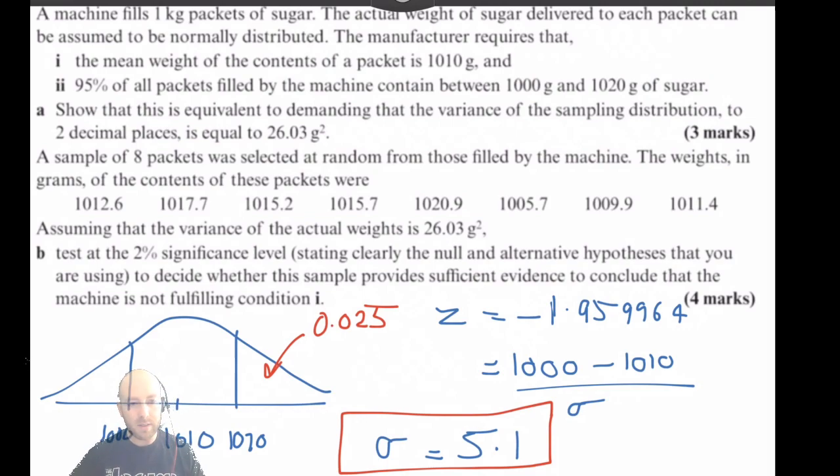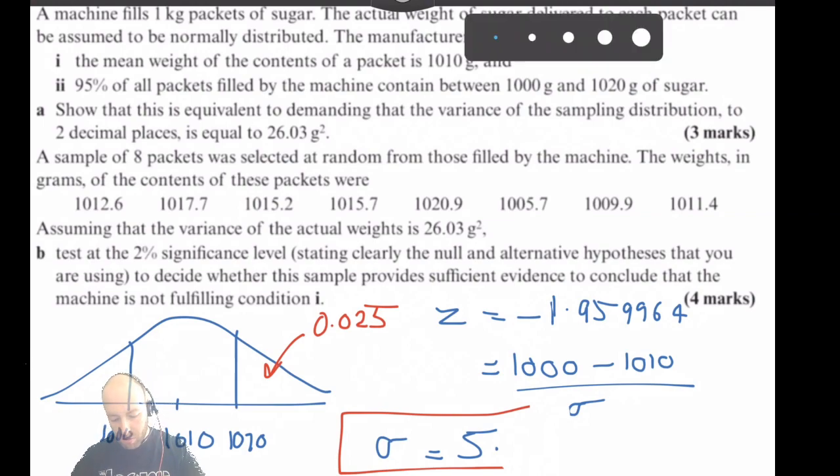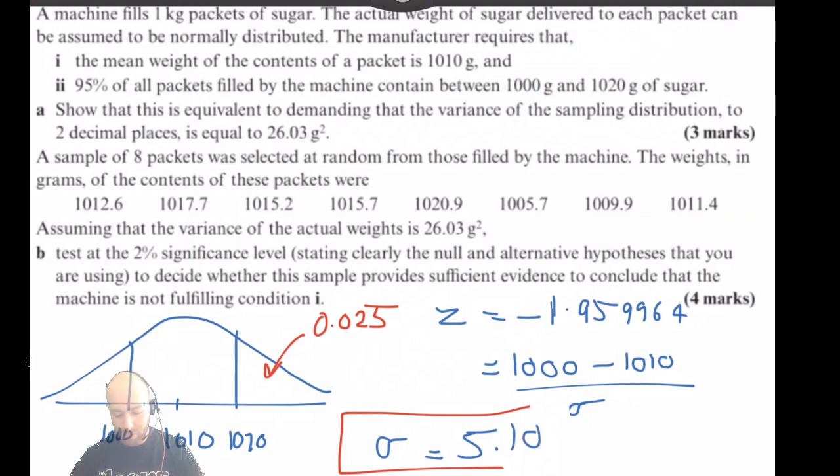Now you get 26.03. That's a bit tight, I think. But sigma should be 5.1021. That should work now. So get that, square it, and we get 26.03 for our variance.